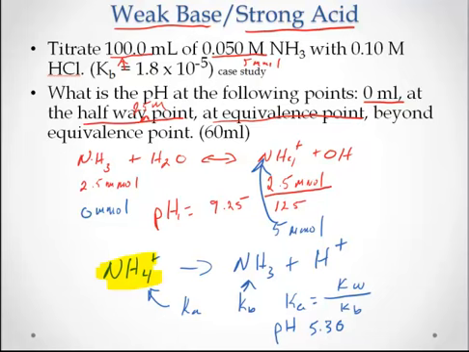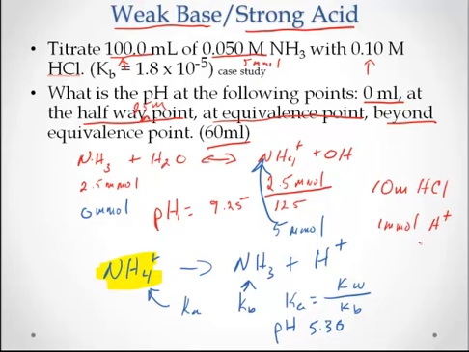Okay, let's see what else do they want us to find. That's at beyond the equivalence point. And you can see right here I just said 60 mils, right? Well, what does that give you? That gives you 10 mils of HCl, right, that hasn't been neutralized. And so with 10 mils of 0.1 molar HCl, what do I get? I get 1 millimole of H plus.